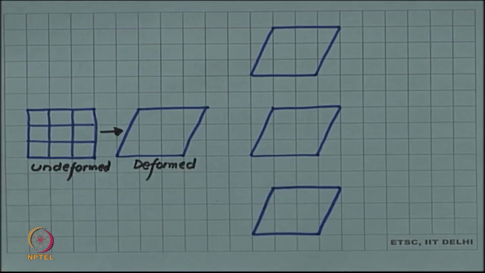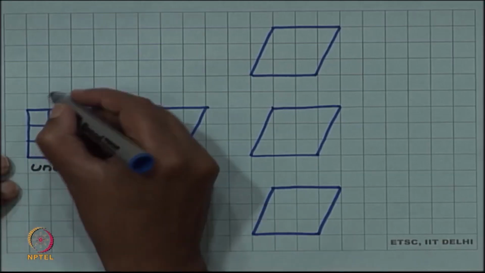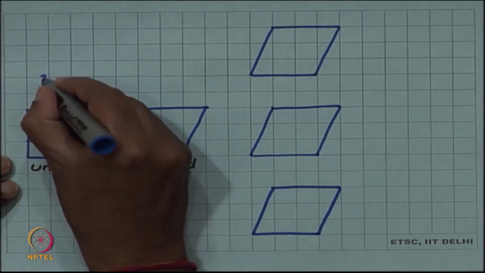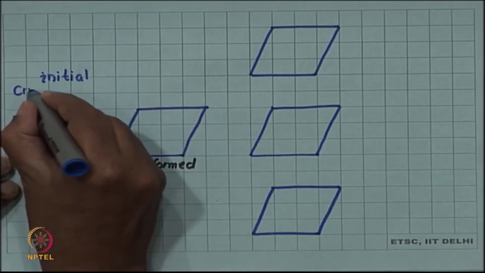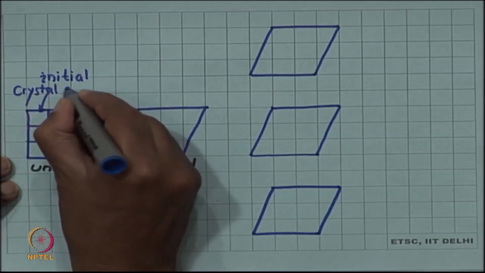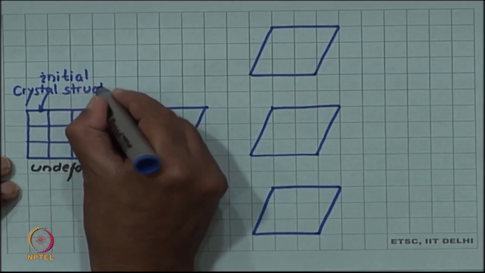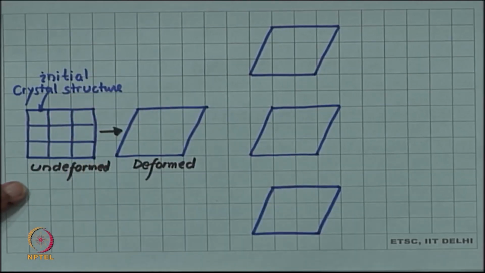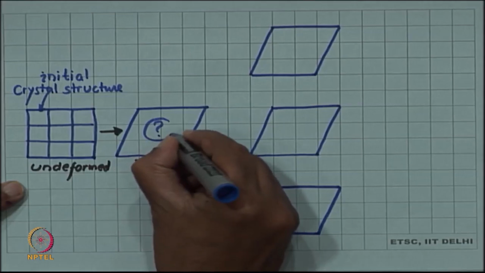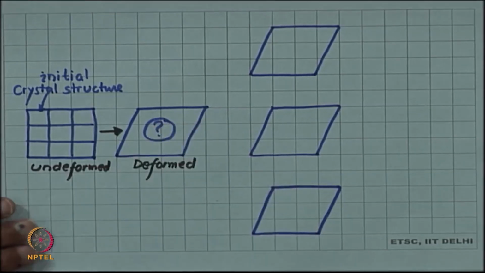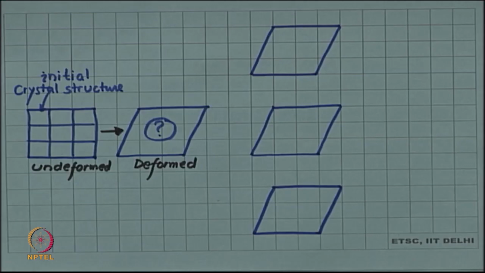Suppose it is deformed now. The question which we are asking, what happened to the crystal structure? It had some initial crystal structure before deformation, the question is, what is the final crystal structure? Or is it crystalline at all?